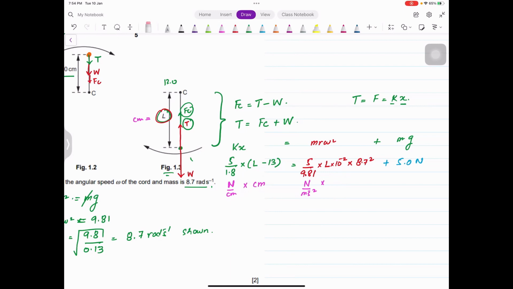This is the point of all this. You've read homogeneous equations in AS, right? In homogeneous equations, you need to remember that each term has to have only one unit. So this is Newton. These are all forces, right? They have to have units only newtons, and then we can cancel them out. If this side has Newton per centimeter here and centimeter on this side, centimeter and centimeter cancel out.